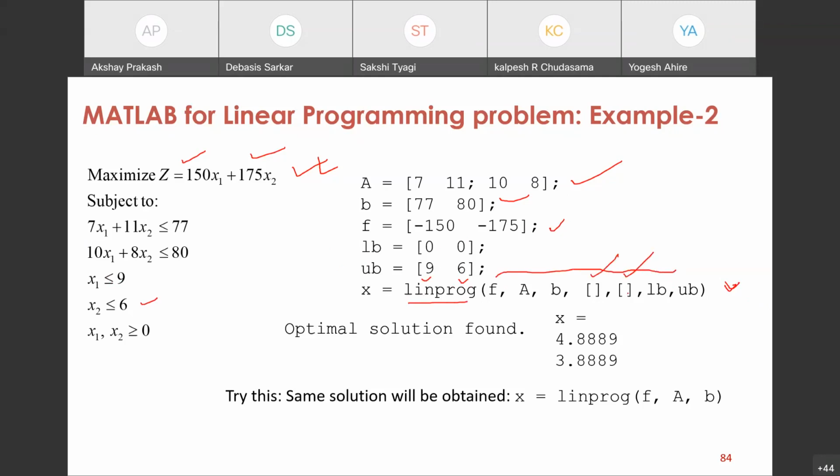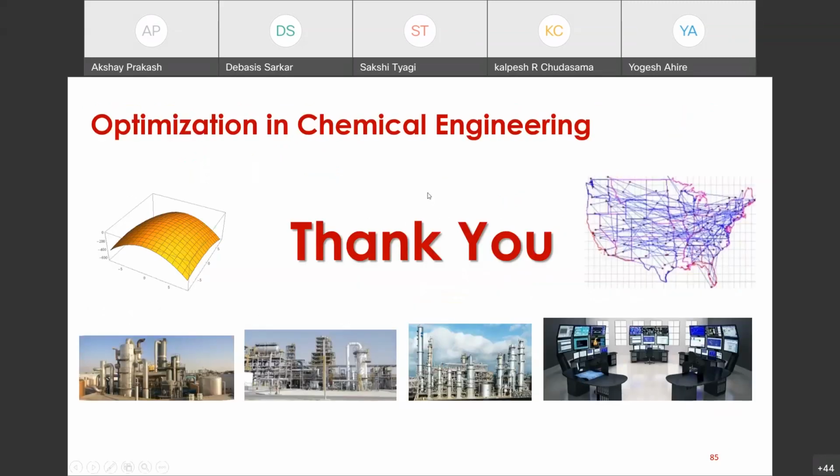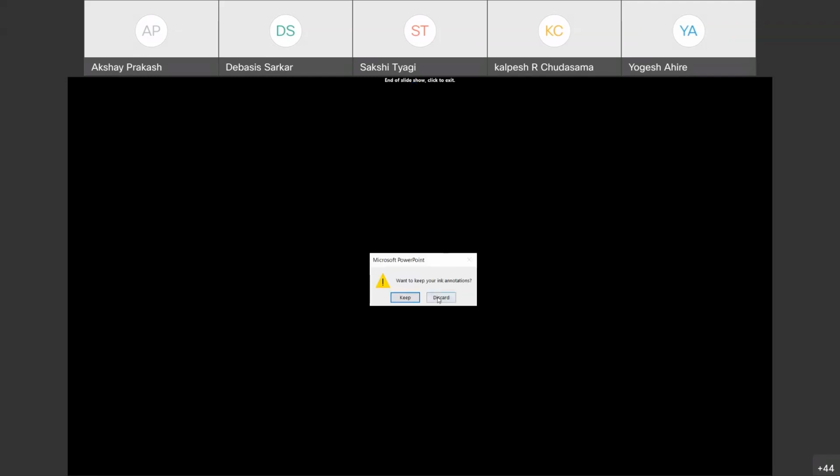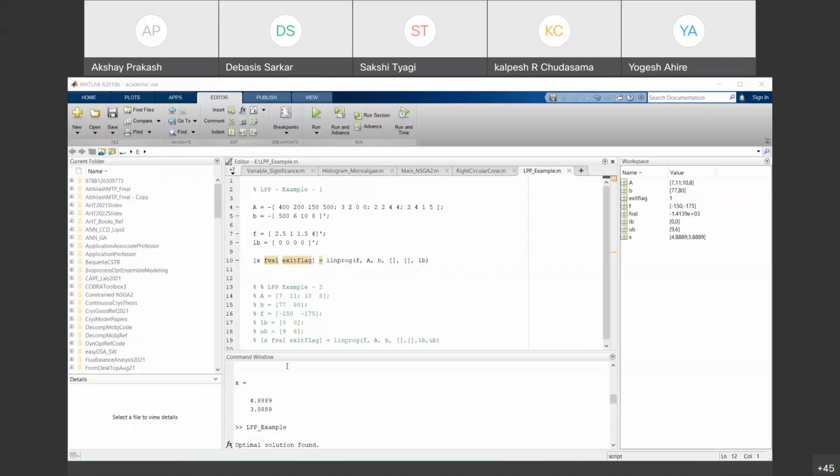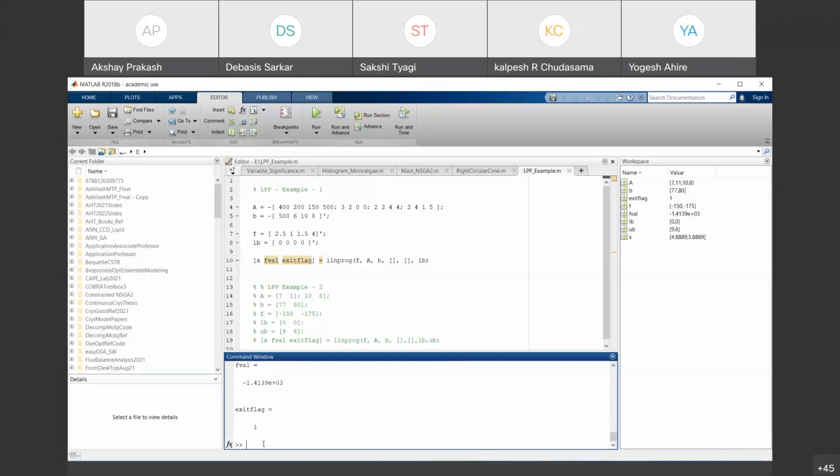Again, I do not have equality constants. Is the MATLAB screen visible?